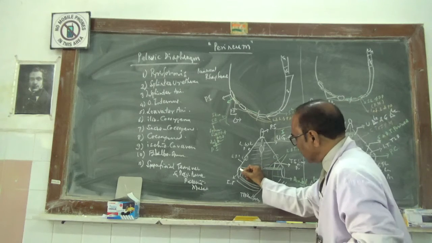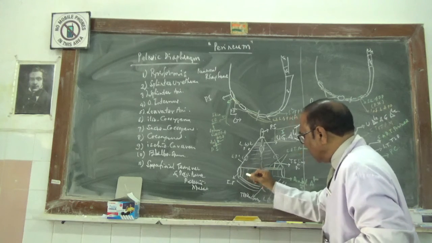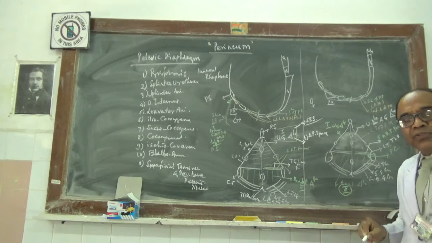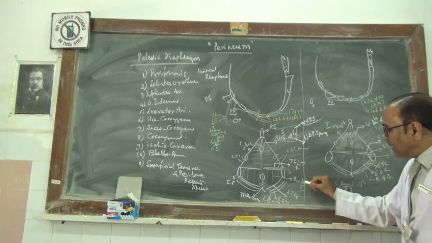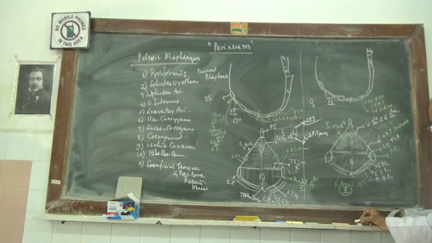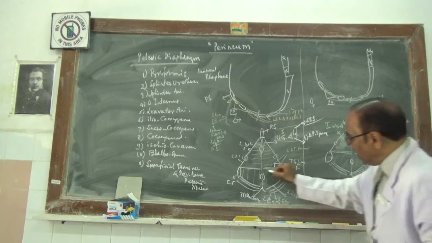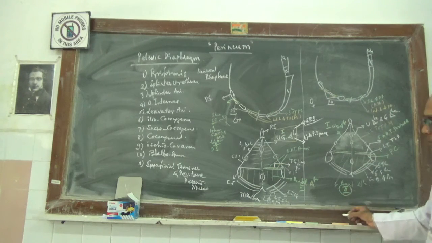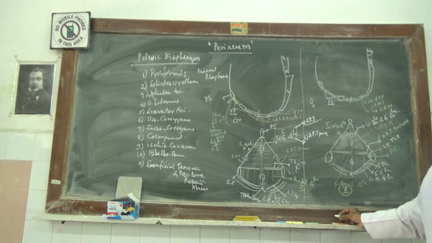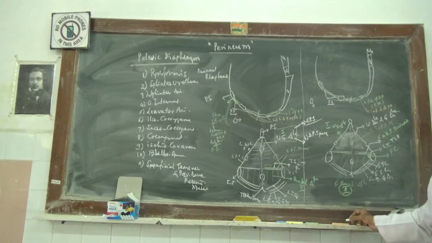Then laterally on either side, it is also related to the anterior end of the ischial tuberosity. Now behind, it is limited by a transischial line, a line drawn from the anterior end of one ischial tuberosity to the anterior end of the ischial tuberosity of the other side. It is an imaginary line.